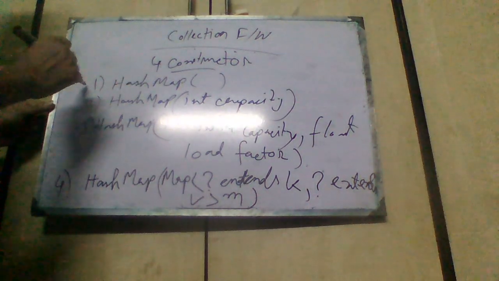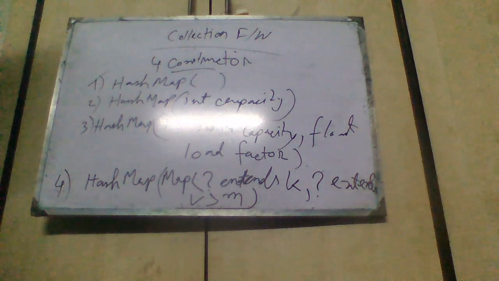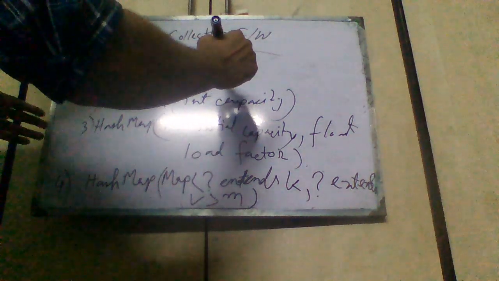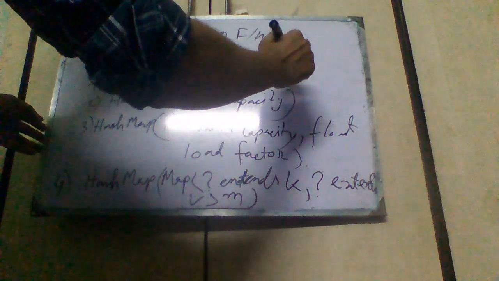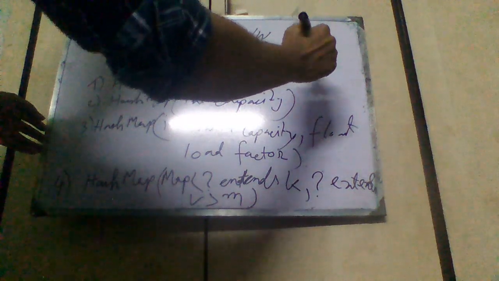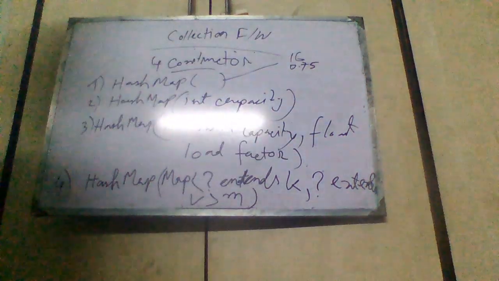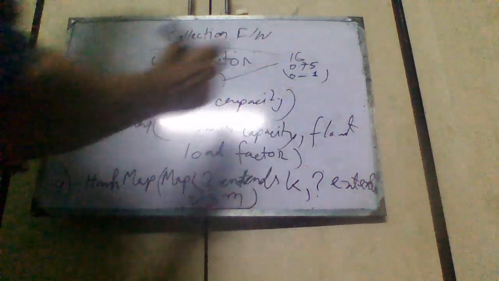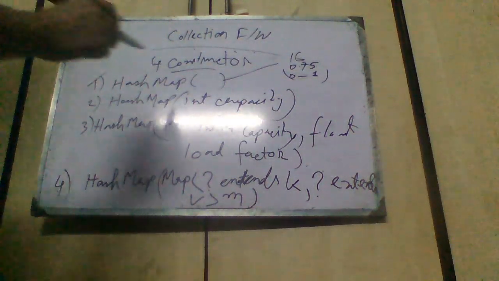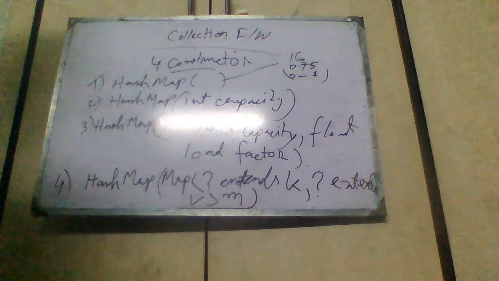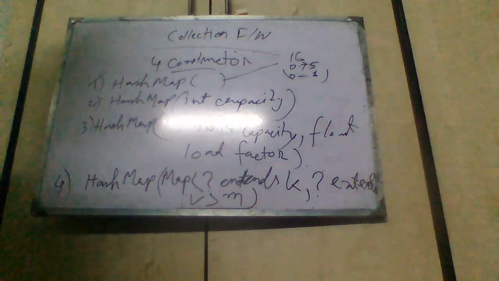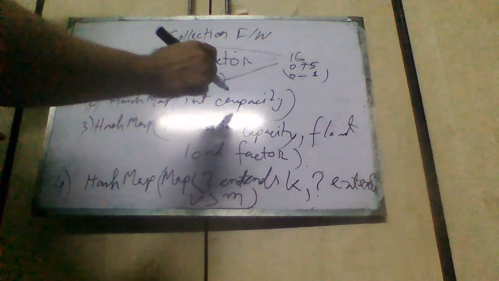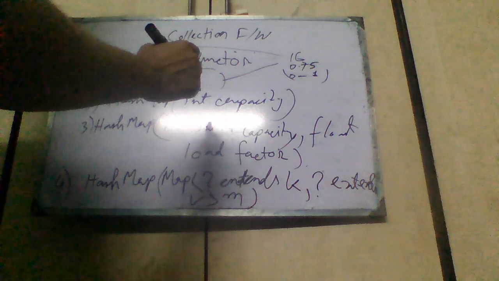In the first constructor, it is an empty constructor, and the initial capacity by default is 16 and the load factor is 0.75, and the load factor range is always 0 to 1. The second constructor takes an initial capacity, where we can declare the initial capacity of a HashMap.